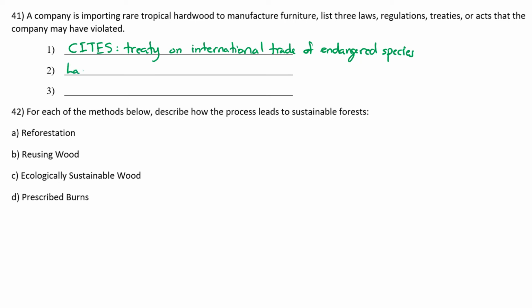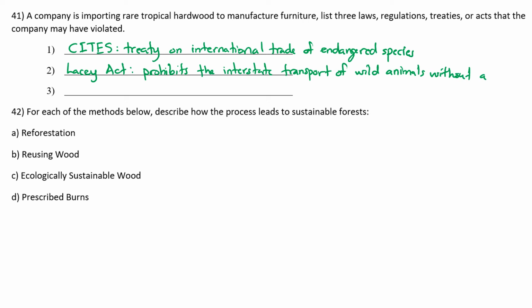Then we have the Lacey Act. So it prohibits the interstate transport of wild animals without a permit.